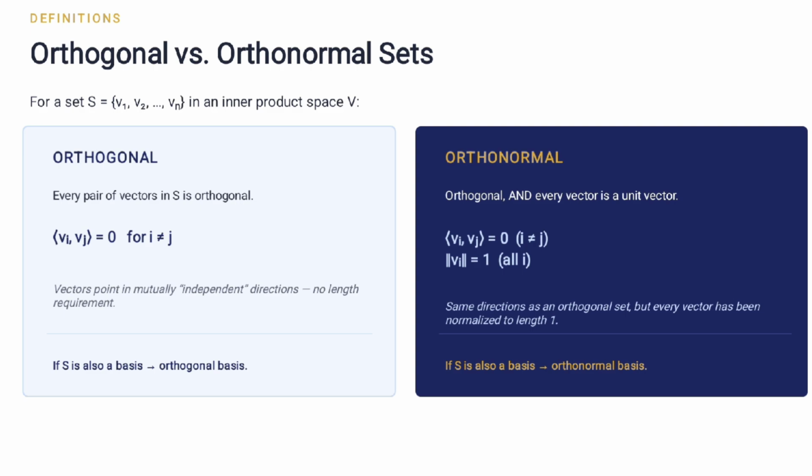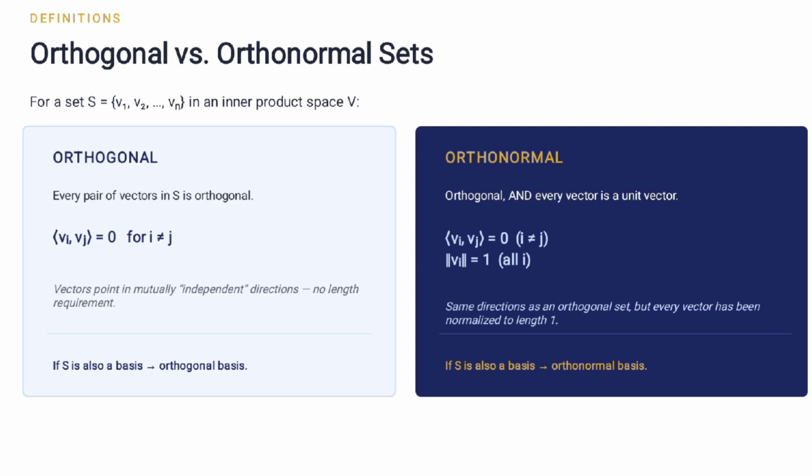And now, let us define the two important concepts. An orthogonal set is a set of vectors where every pair of different vectors has an inner product equal to 0. Their directions are perpendicular, but their lengths may be different. An orthonormal set is an orthogonal set where every vector also has a length of 1. So remember this simple idea.